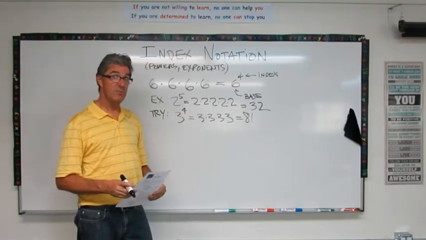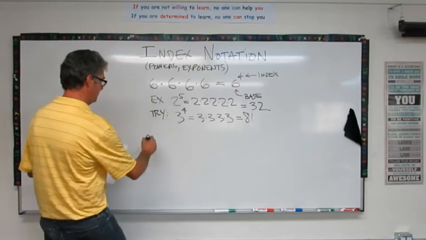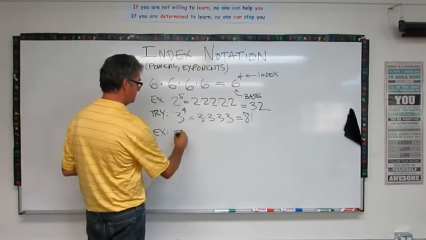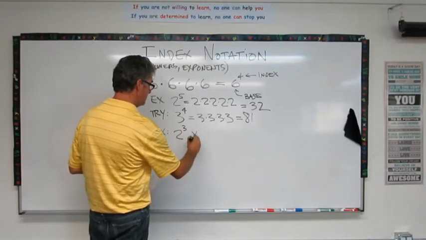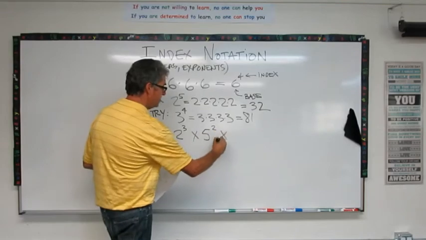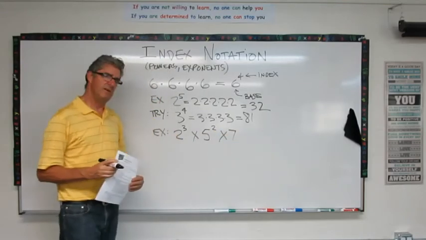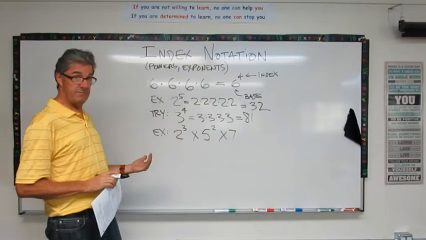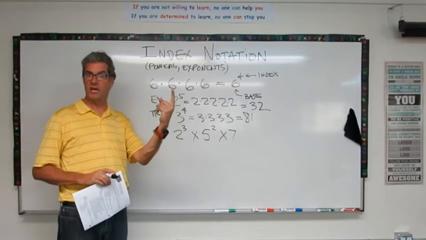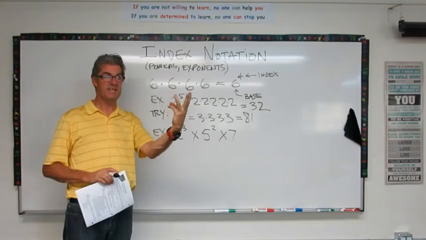Let's make it a little bit more complicated. 2 to the 3rd times 5 to the 2nd times 7. So how would we evaluate this kind of an expression? Well, 2 to the 3rd is 2 times 2 is 4, times 2 again is 8.